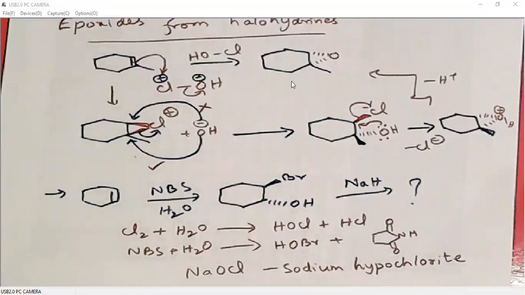So we can explain the mechanism using these, hypochlorous acid or hypobromous acid, or we can directly generate the halonium ion and then add water to the halonium ion.